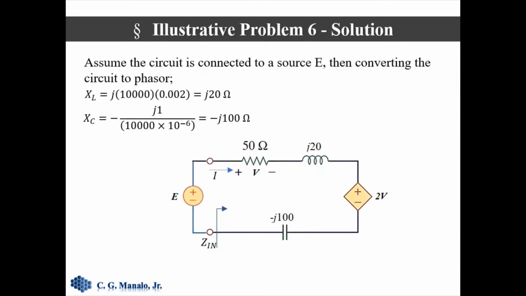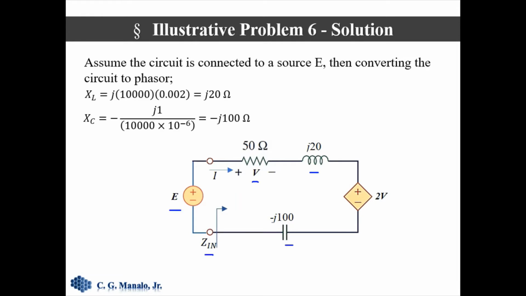So this is the source, and we convert the lowercase quantities into uppercase quantities, and we also replace the inductors and the circuit elements by their phasor equivalents, and we have here Z sub in.